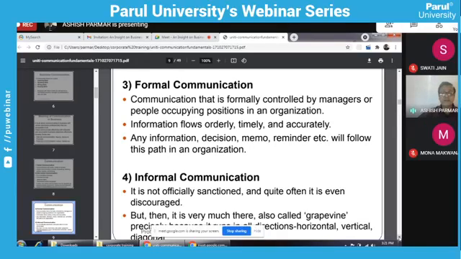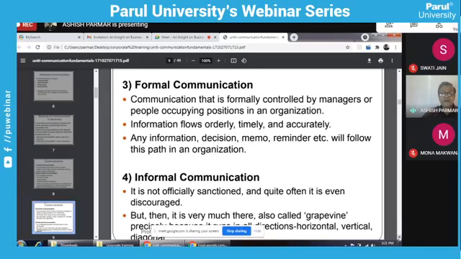It is in order: one letter is sent to the person, then the reply comes, and then the other response comes in timely and accurately. You are expected to return the reply in time. Accuracy is extremely important. Grammatical formations, spelling mistakes, sentence formations, appropriate vocabulary, everything is very important in formal communication.